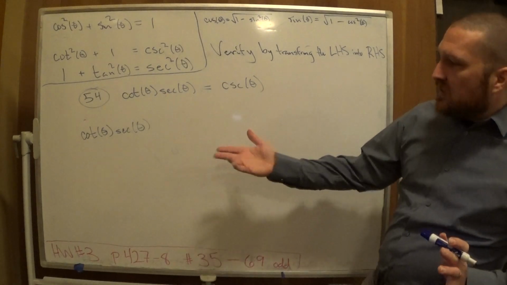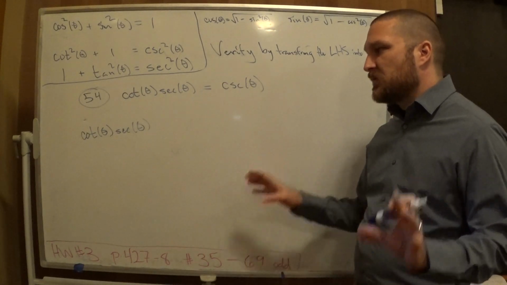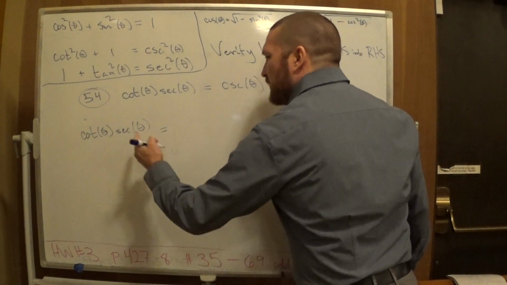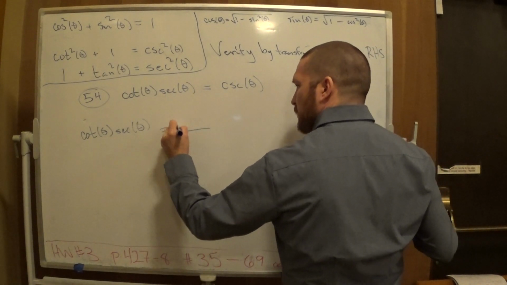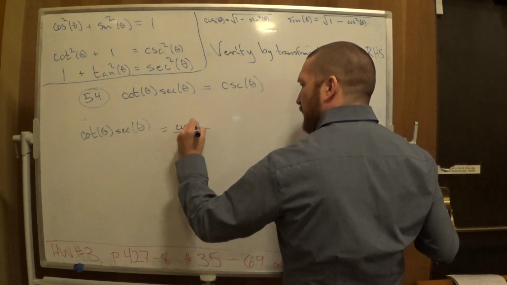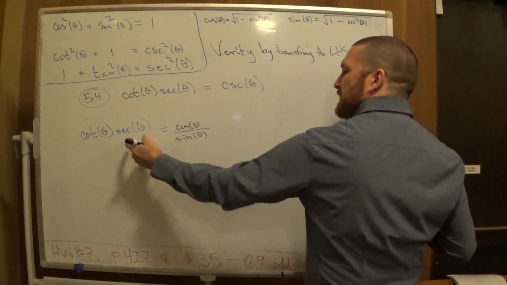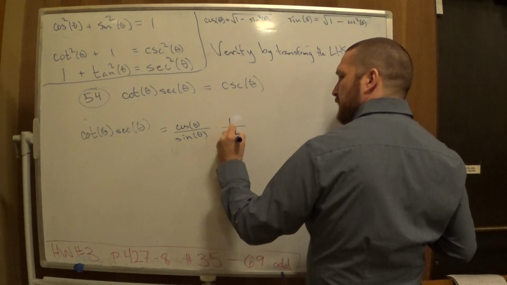But sometimes the easiest thing to do is to turn everything into sines and cosines. So let's rewrite this in terms of sines and cosines. What is cotangent? It's cosine theta over sine theta. And then what is secant? 1 over cosine.